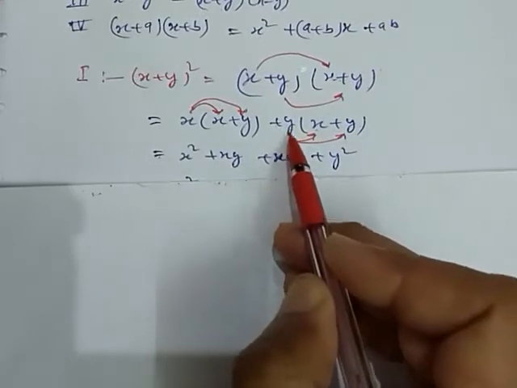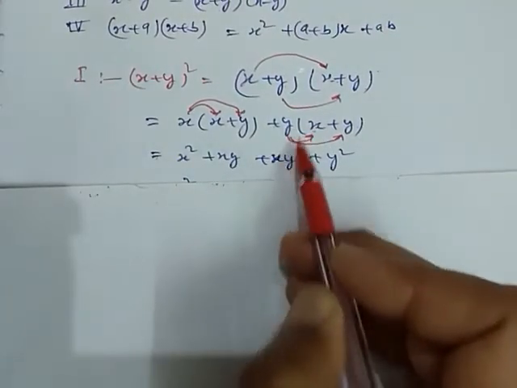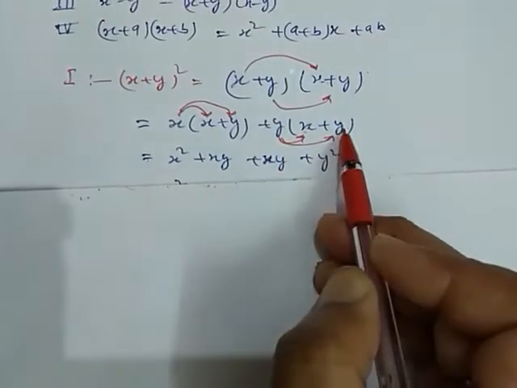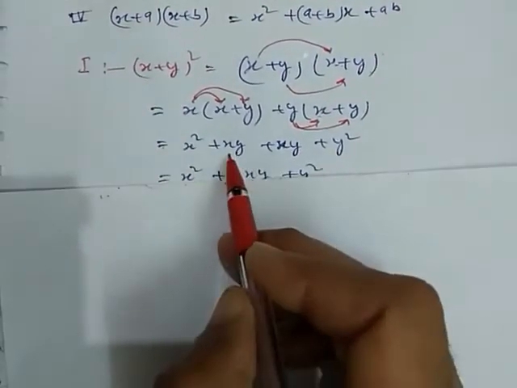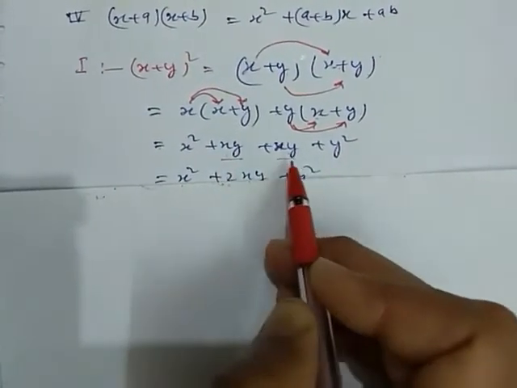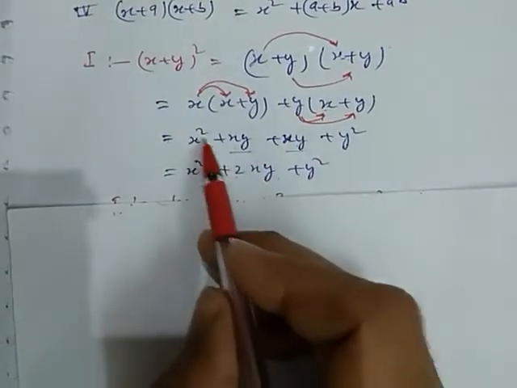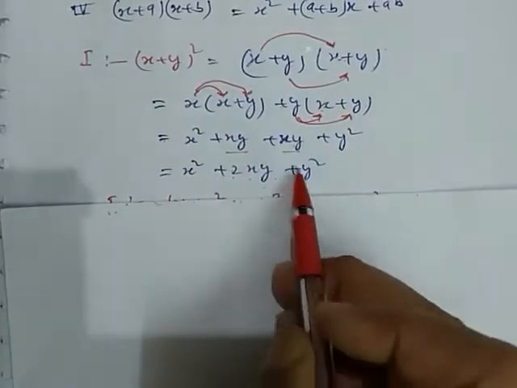Now y into x is yx, which is the same as xy, and y into y is y square. Look, xy and xy are the same term, so adding them we get twice xy. So x square plus 2xy plus y square is the solution.